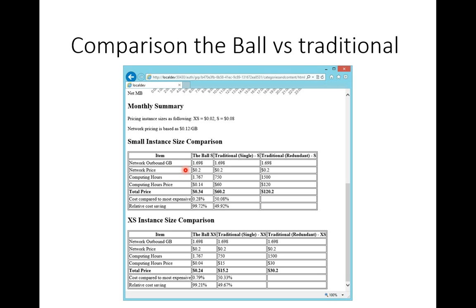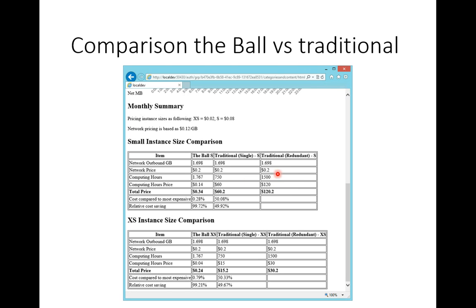Network pricing is counted, as before mentioned, at 12 cents per gigabyte, so it's 0.2 bucks. Computing hours in the ball effectively are 1.7. A traditional single small instance would be 750 because it's running all the time.